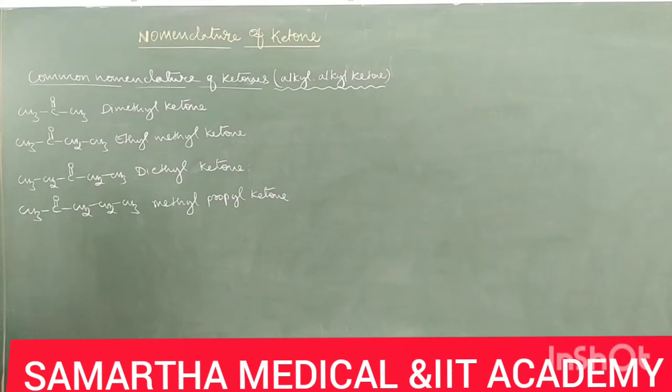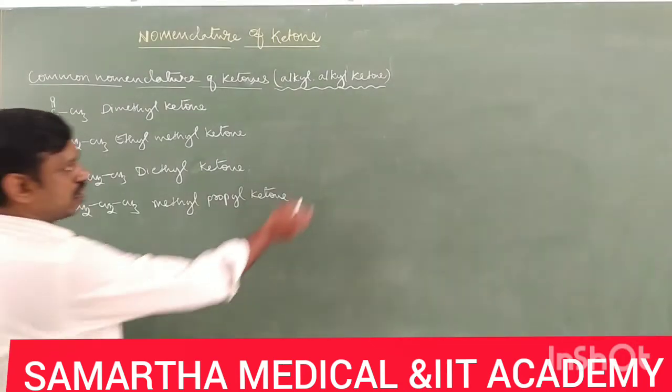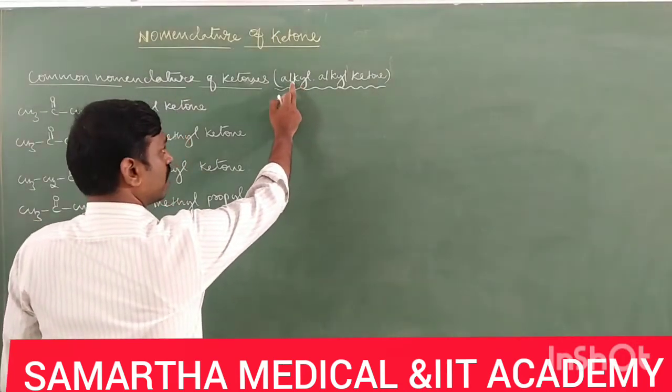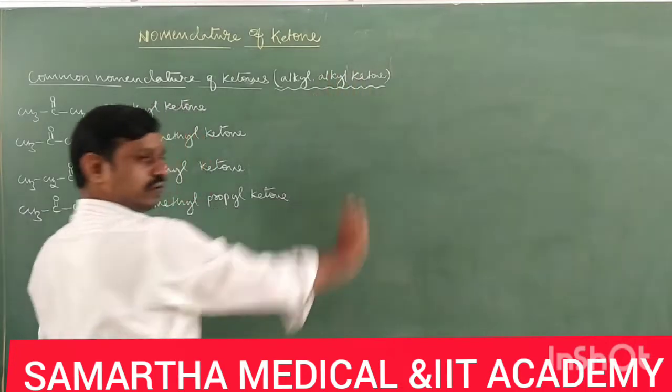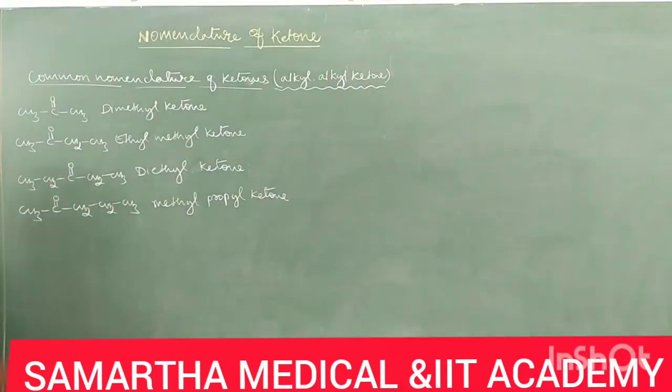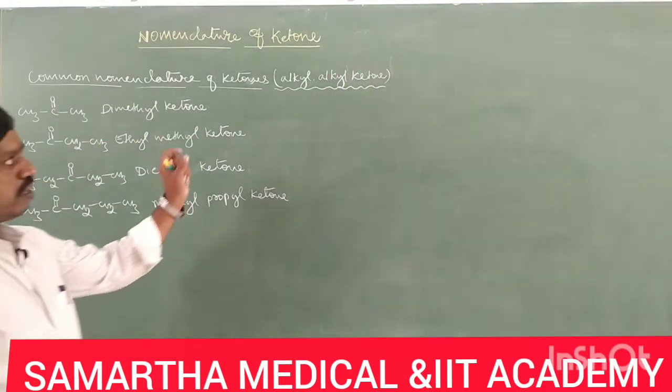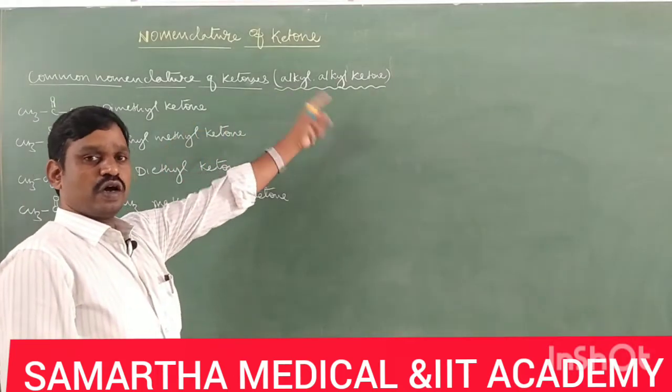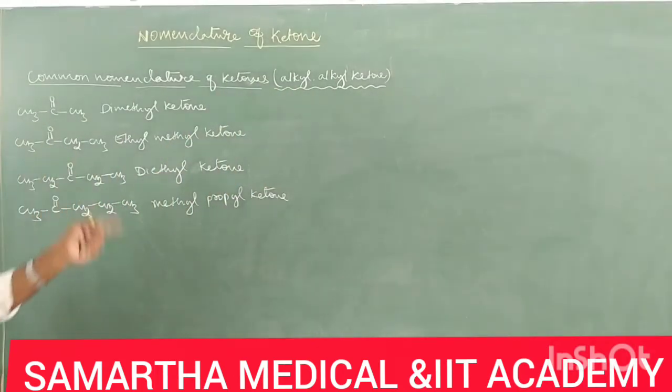So in common names we should write according to the format alkyl ketone, and whichever alkyl comes first in alphabetical order has to be written first, the next one later.